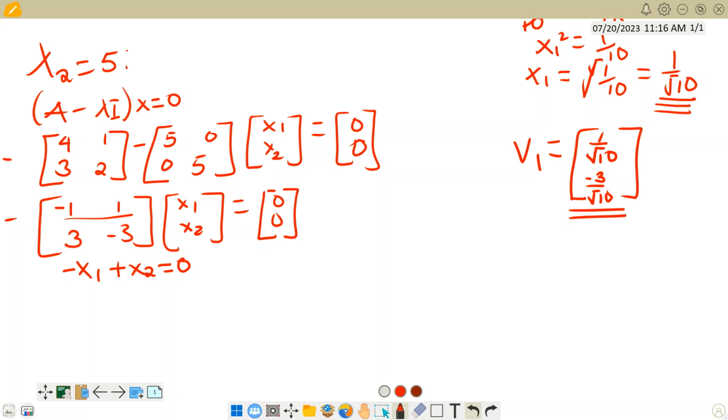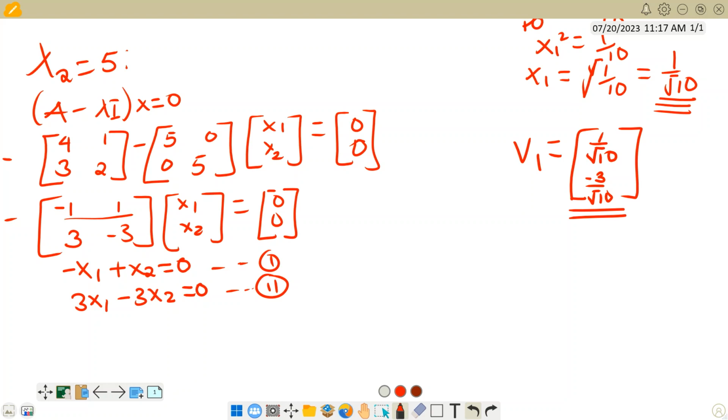If you want, you can also do the second one, which would be 3x1 minus 3x2 is equal to 0. We can call this equation 1, and that equation 2.